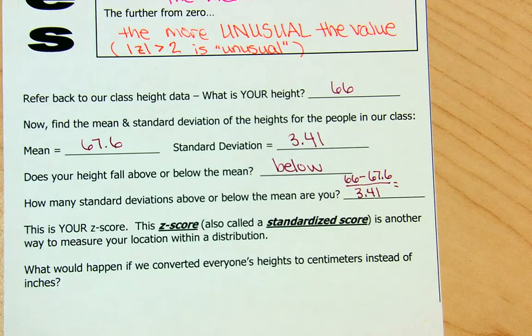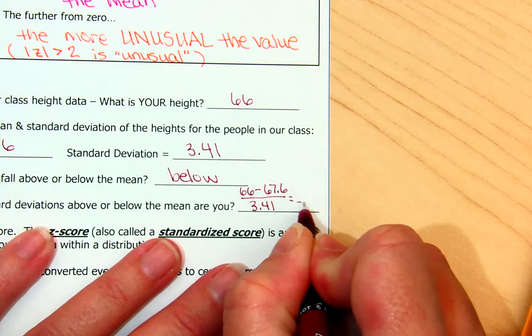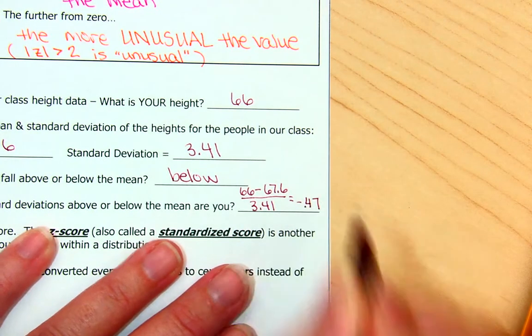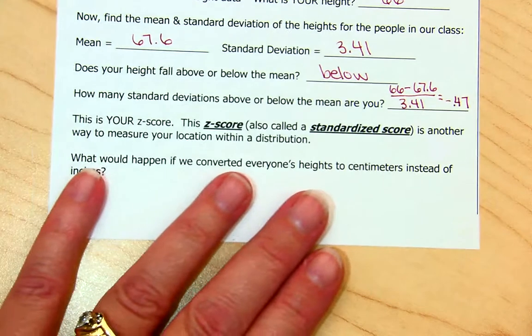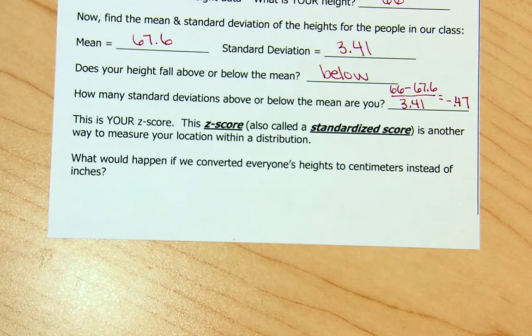Now typically z-scores are rounded to 2 decimal places. Mine would be negative 0.47.